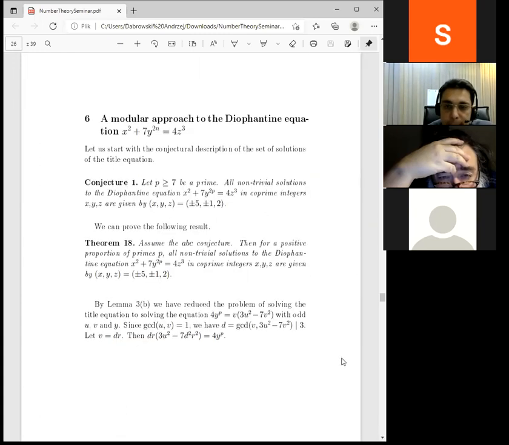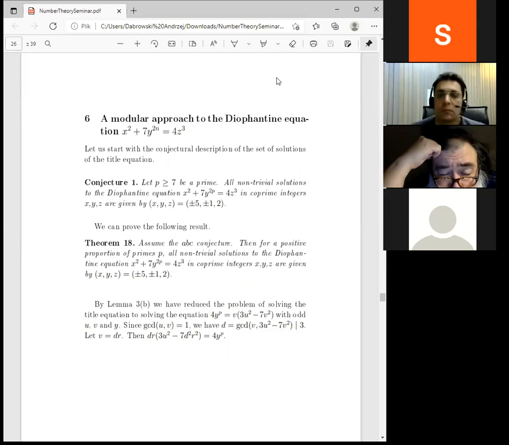Now let us consider the second of our Diophantine equations. Let me call the first Diophantine equation 7x squared plus y to the 2n equals z to the 4. Now it's 7 in a different place. It's the only change, but the results are different, and such a question is more difficult.